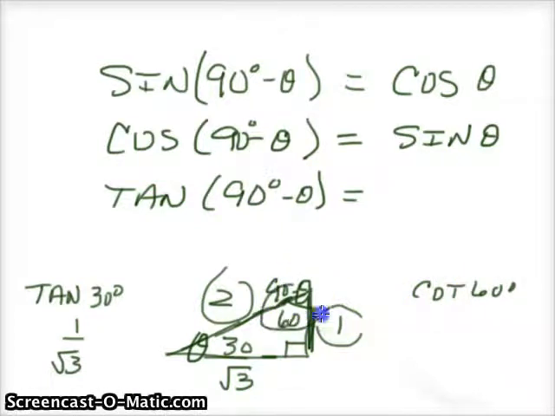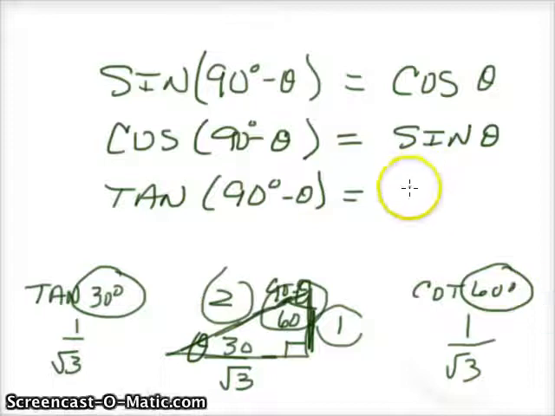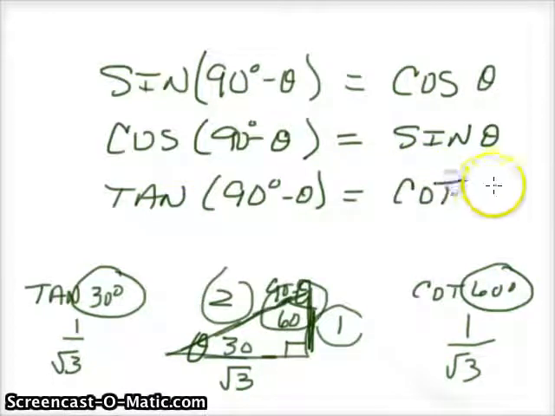Well, I'm right here, but instead of opposite over adjacent, I'm going to do adjacent over opposite. 1 over radical 3. Notice that the tangent of an angle is equal to the cotangent of its complement. So the answer right here is just cotangent of theta.